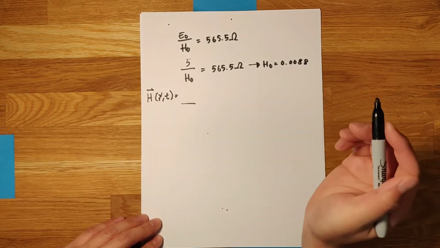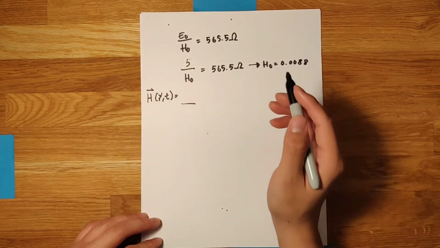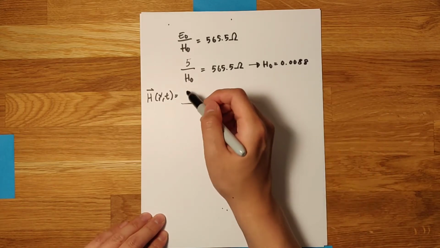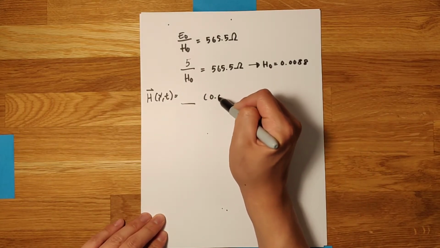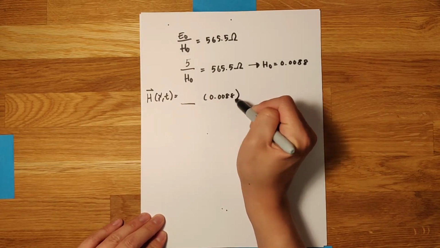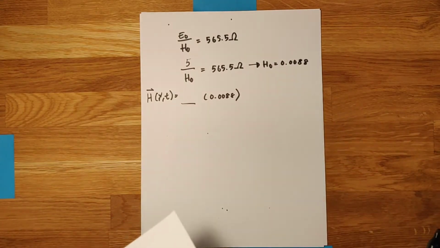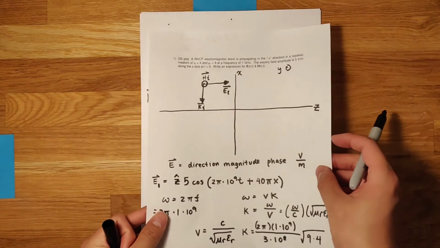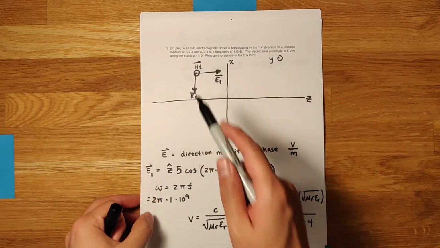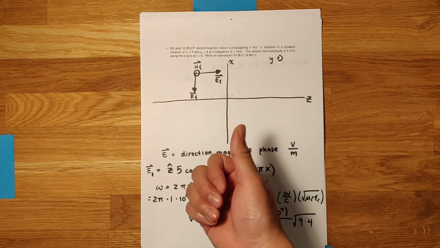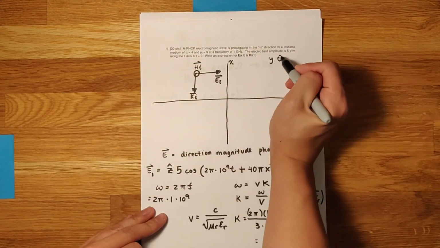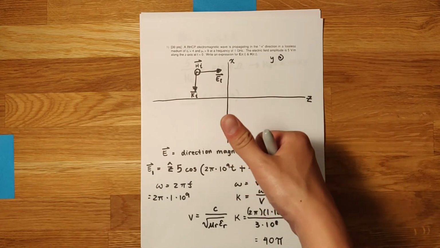the direction, which we have not figured out yet, times a magnitude. To find the direction, we can just look back at the diagram that we drew. This diagram states that H is going out of the page, and Y is going out of the page.